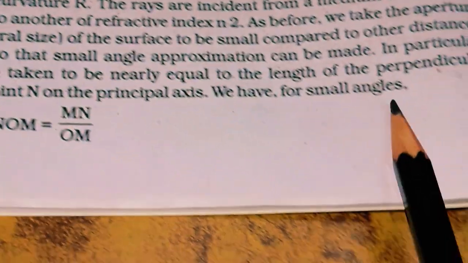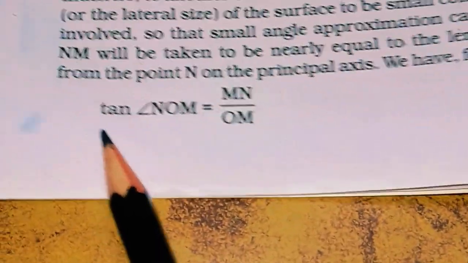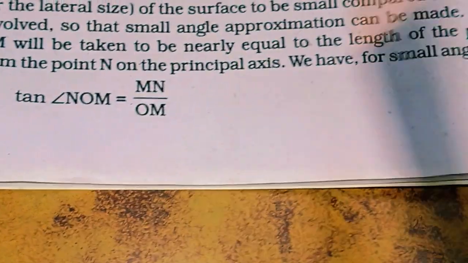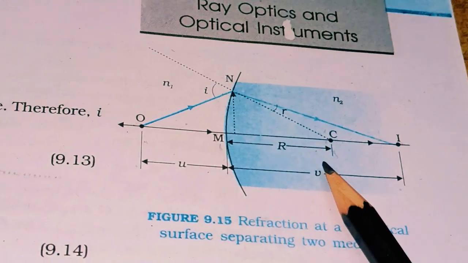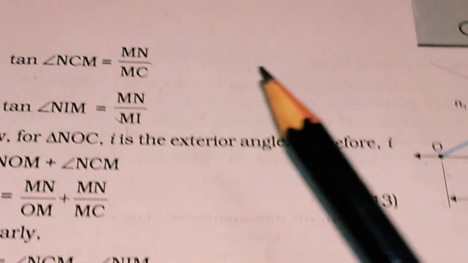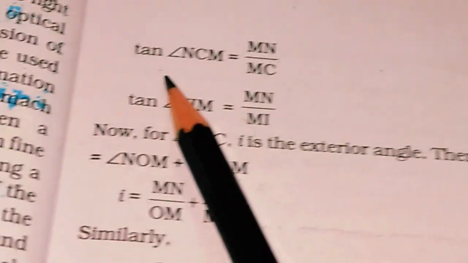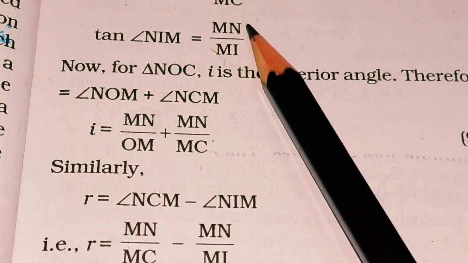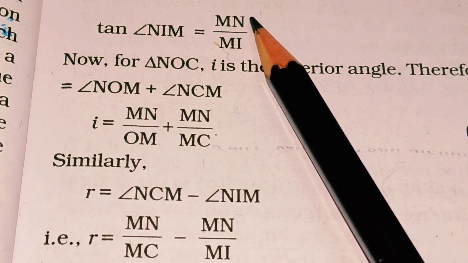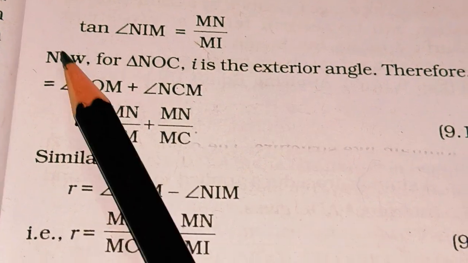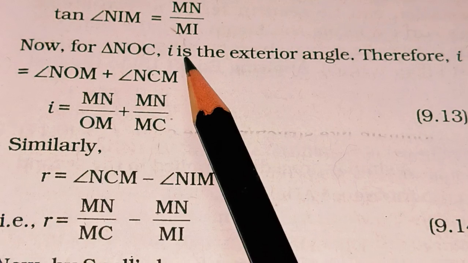We have, for a small angle, tan NOM equal to MN upon OM. Tan NCM equal to MN upon CM. Tan NIM is equal to MN upon MI.